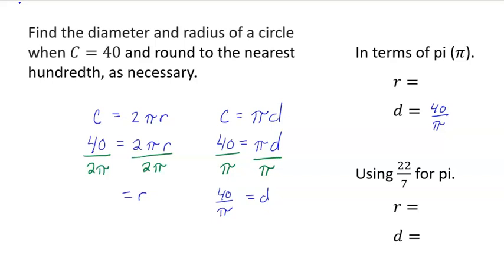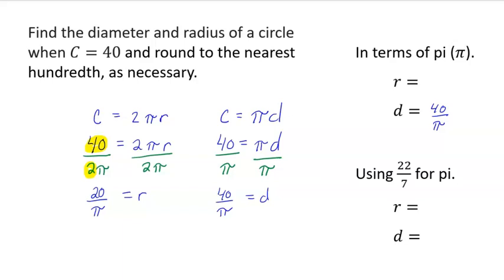For this other one, I would want to treat this part as a fraction. So I have 40 divided by 2, and that gives me 20. And then pi is still going to be in the bottom.